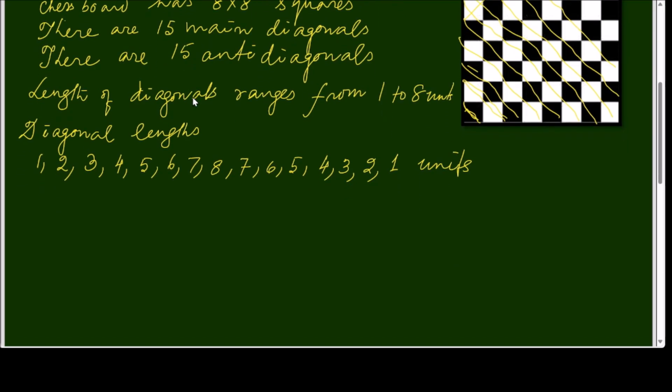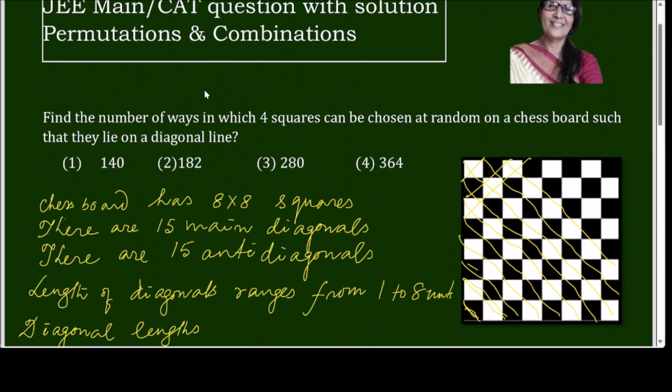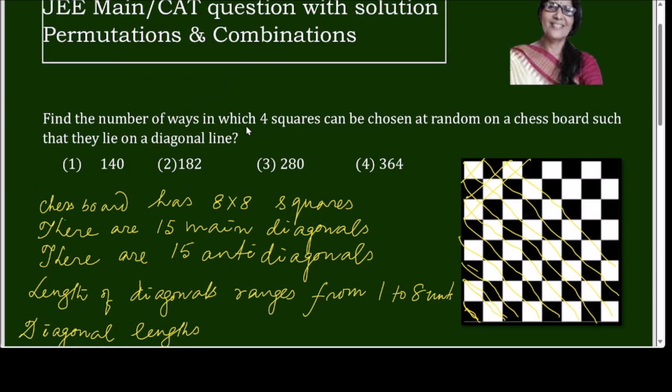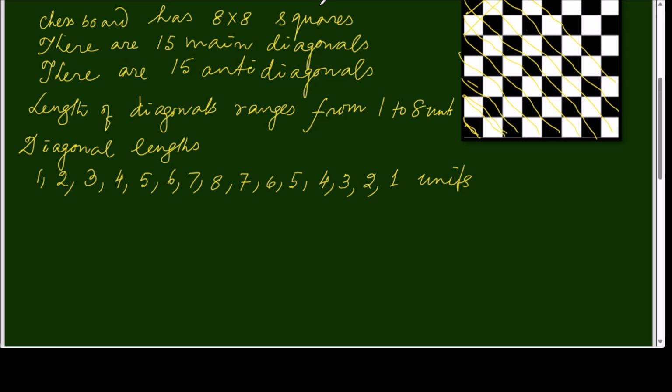Next, the question is to find the number of ways in which four squares can be chosen. For at least four squares, we need a diagonal length of 4, 5, 6, 7, 8, 7, 6, 5, 4. So we have to take the diagonals of length 4, 5, 6, 7, 8, then 7, 6, 5, 4.